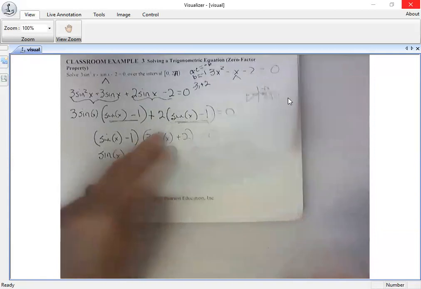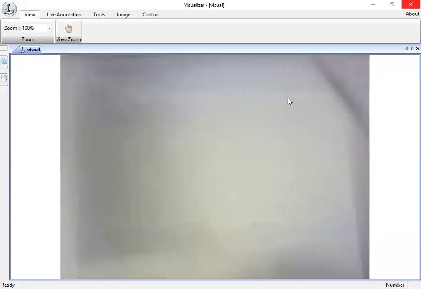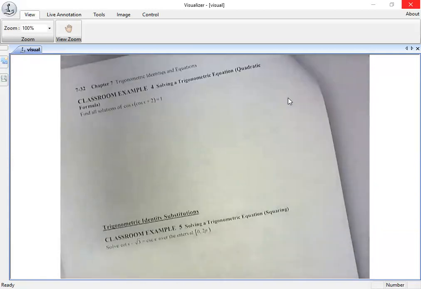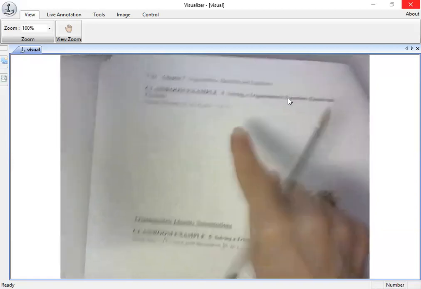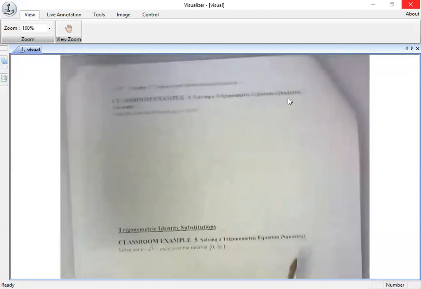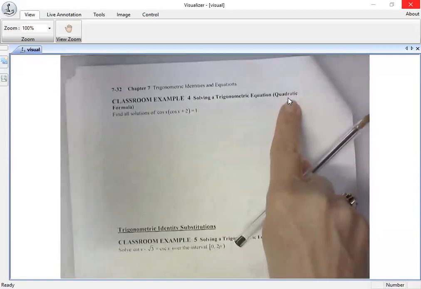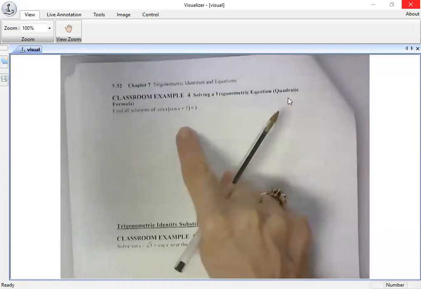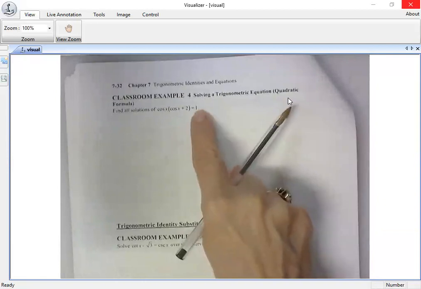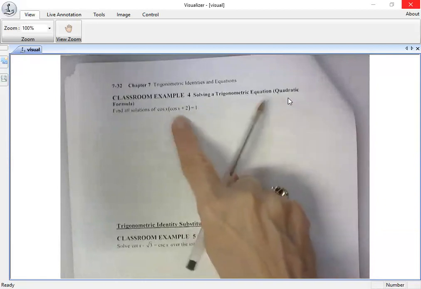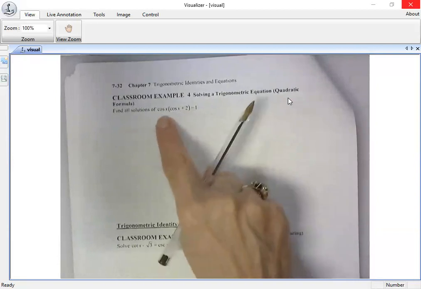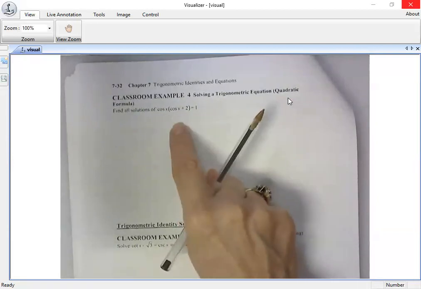All right, I know that was a little bit confusing, and we're kind of picking and choosing here. I'm going to skip some things, as in I'm going to skip this one, and I'm going to skip this one, and I'm going to tell you why. This thing won't factor. See, it's not set equal to 0. So I can't solve this unless I multiply this out and I move this over and set it equal to 0.